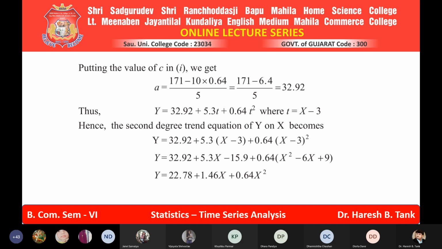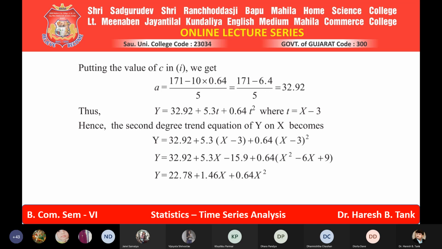y is equal to 32.92 plus 5.3 times t. As you know, what is t? t is x minus 3. Just substitute it. And it is 0.64 times t square, where the value of t is x minus 3, so it is x minus 3 square.